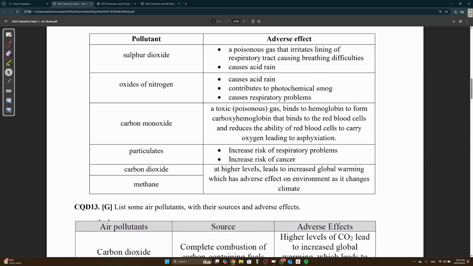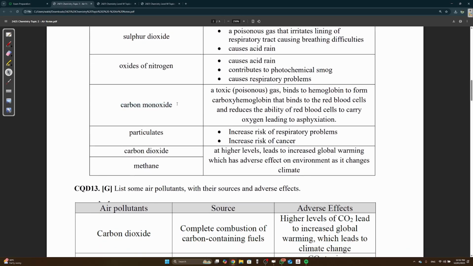Carbon monoxide is a toxic gas. You should know that it binds to the hemoglobin, right? What does it do when it binds to hemoglobin? For those who do bio, it will decrease the oxygen capacity in the body. Hemoglobin is what carries the oxygen in your body, and it binds to oxygen. But carbon monoxide looks a lot like oxygen, so when hemoglobin sees carbon monoxide, it's like, oh, that's oxygen, let me bind to it.